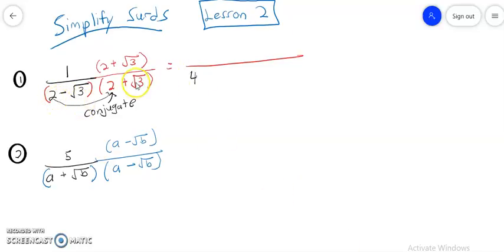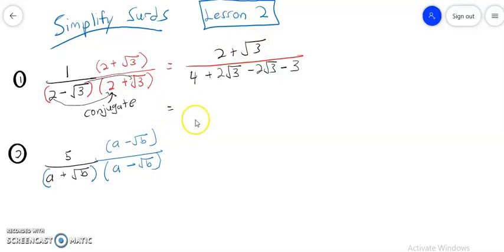The 2 multiplied with a positive square root of 3 becomes 2 square root of 3. Minus square root of 3 multiplied with 2 gives negative 2 square root of 3. And negative square root of 3 multiplied with positive square root of 3, you'll be getting negative 3. Above, just multiply with 1.